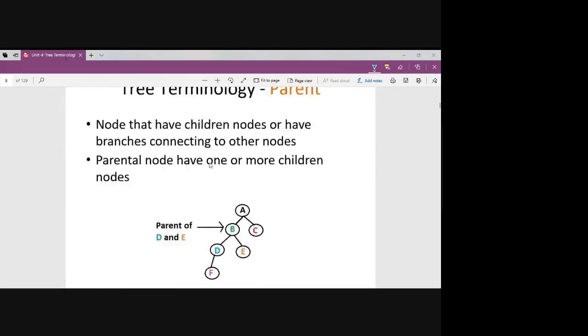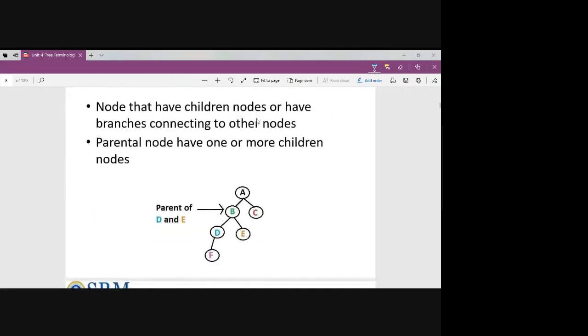Similarly, the parent node, I think you will know. B and C's parent is A only. Similarly, D and E's parent will be B. F has a parent too. So in this diagram, B and D will be parents.